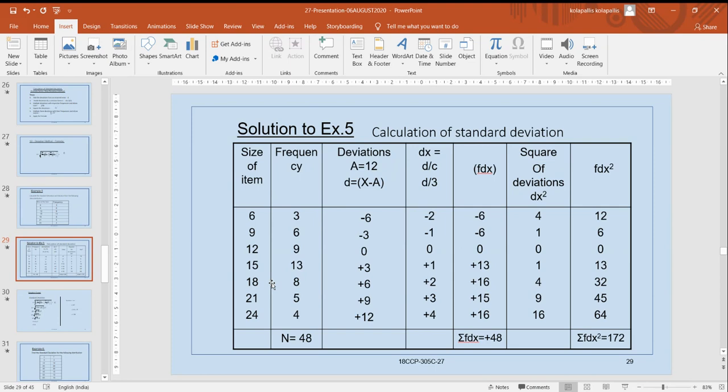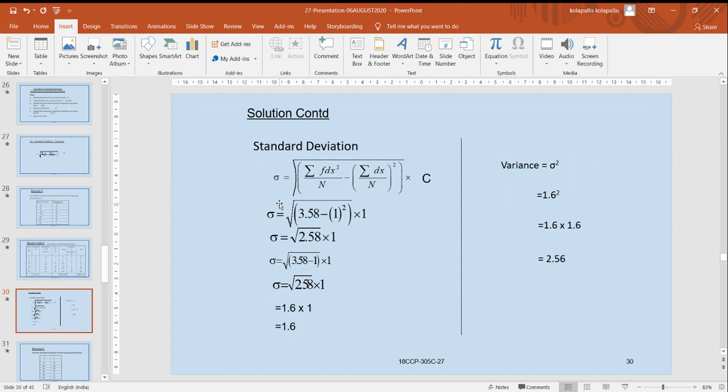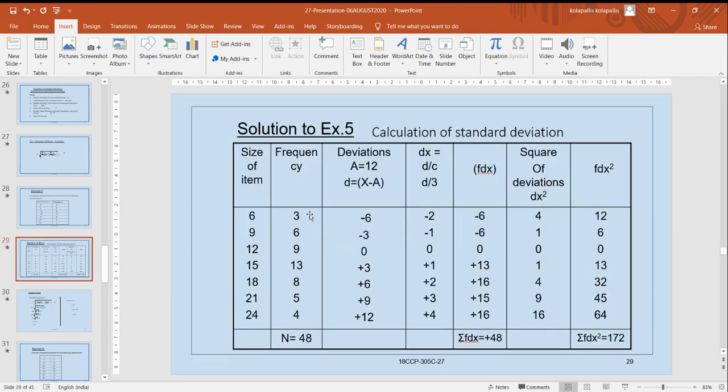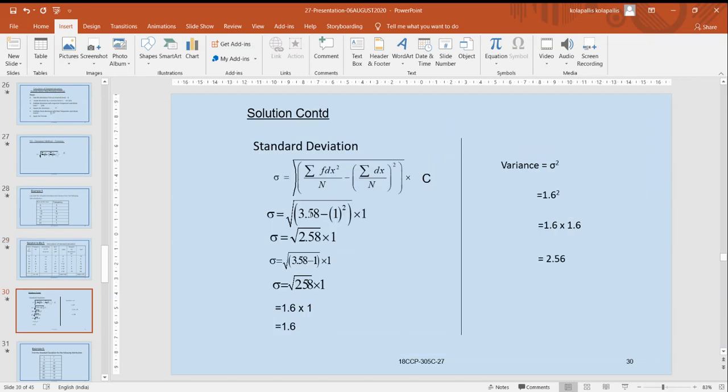Sigma f dx is 48. 172. 172 divided by 48. 172 divided by 48 is 3.58. This is correct. This is 48 by 48, 1 square.